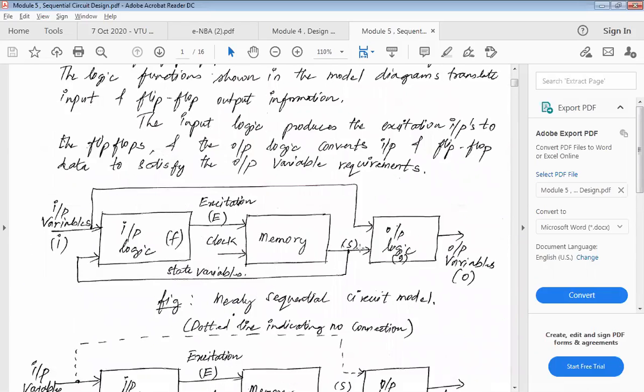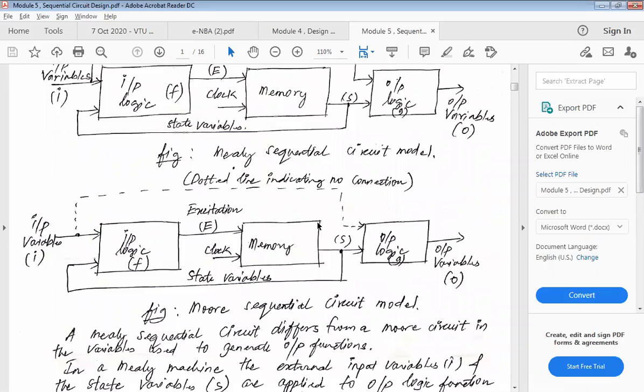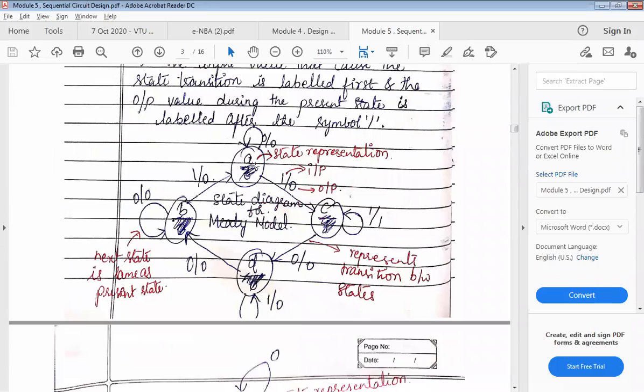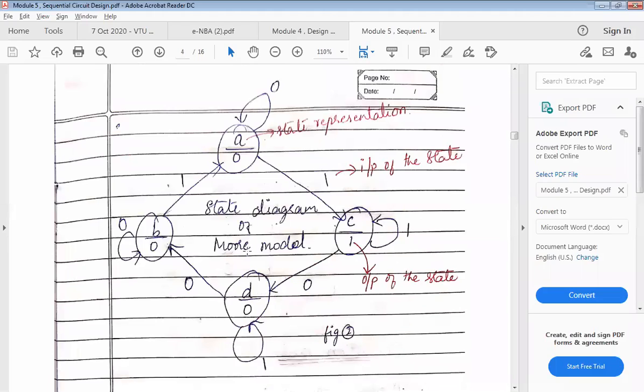So I have represented it as input by output. But in the Moore model there is no connection between our input variables. So input variables will stay outside, and the state transition is only dependent on the state's output.